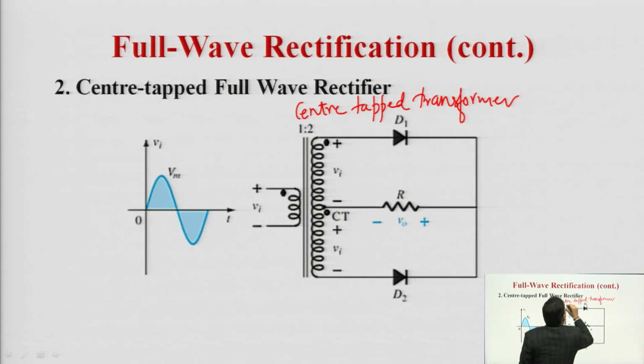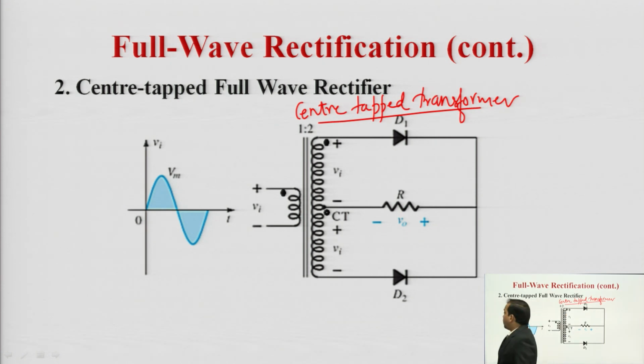So, in this center tap transformer, the quality of this transformer is that the secondary winding is split up into two parts basically, something like this. If we are applying input voltage Vi to the primary side, the same voltage Vi will be induced over the secondary side.